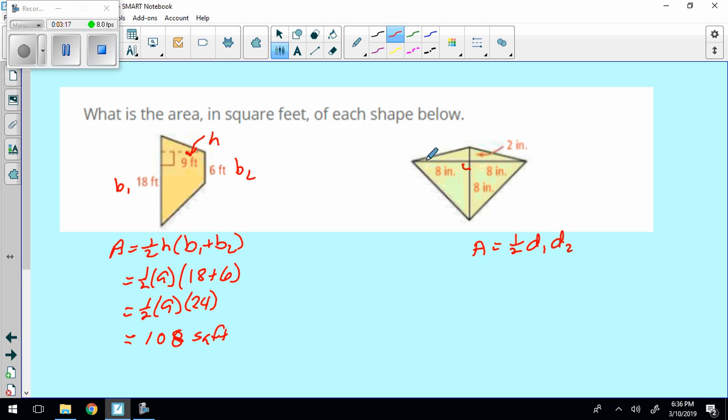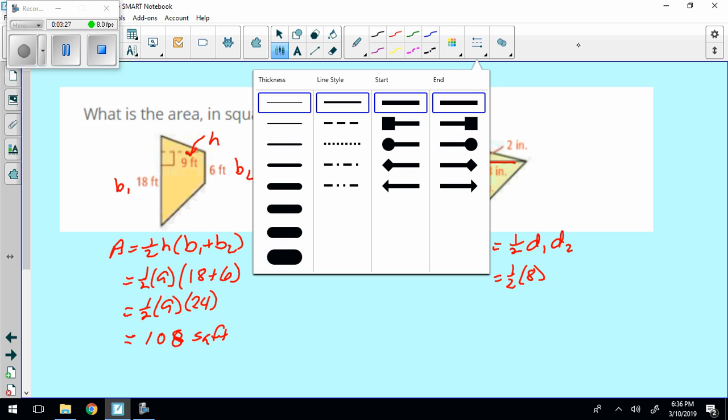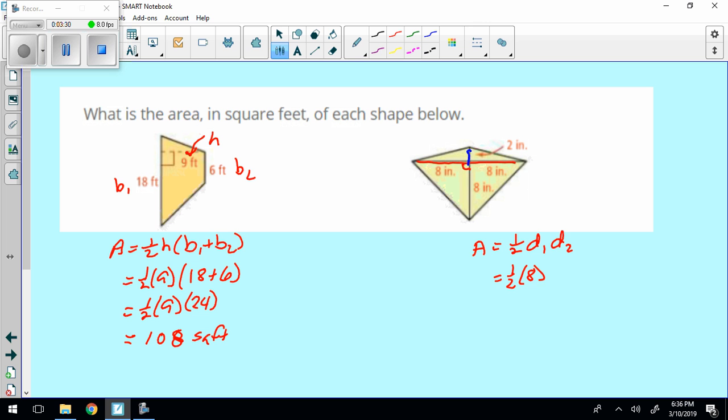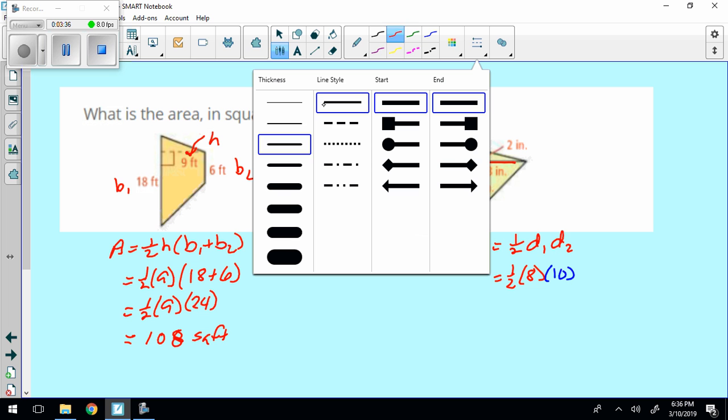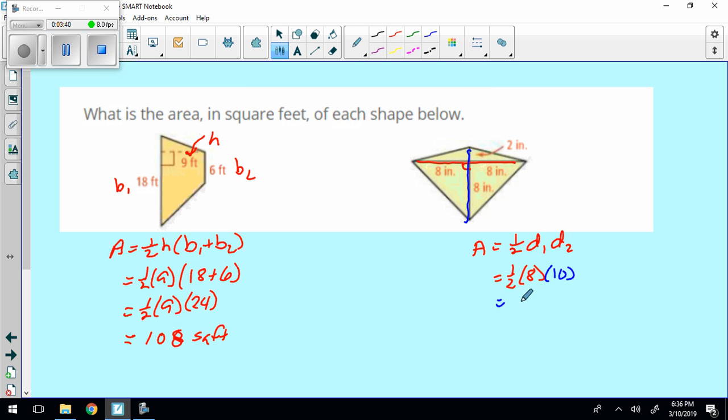So one diagonal would be 8 plus 8. And the second diagonal would be 2 plus 8, 10. So our area is going to be 1/2 times 8 times 10. It's going to be 40.